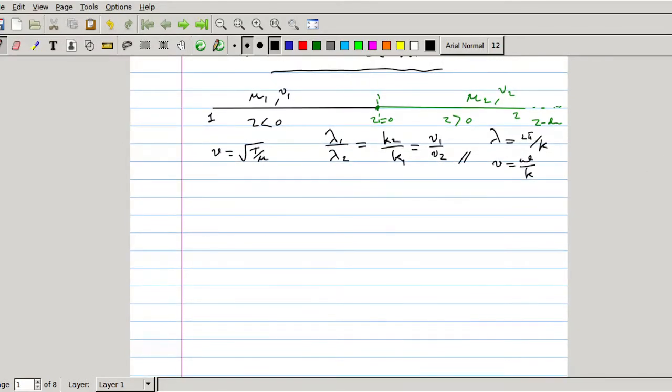Now consider a wave incident on the knot from the first medium. This is the Z direction, and displacement I am taking along the Y direction.